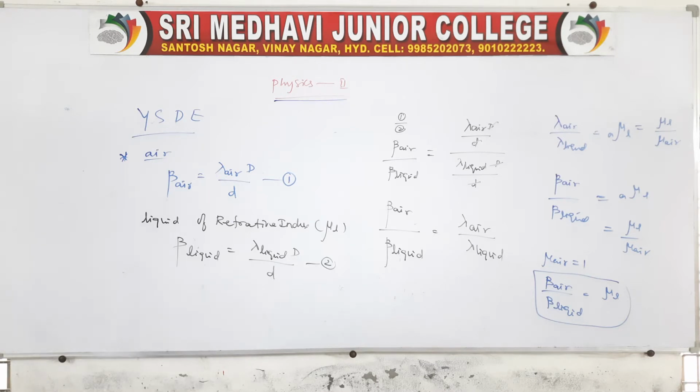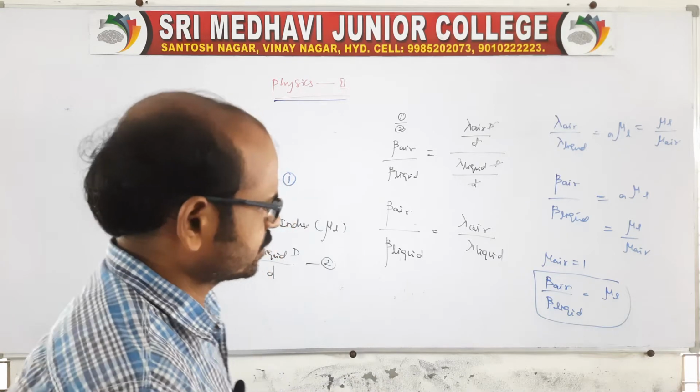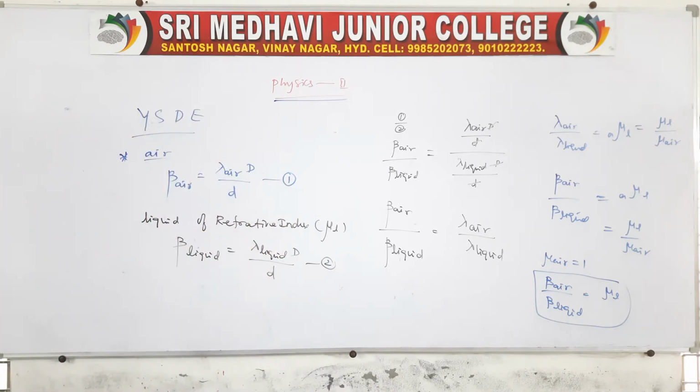Or in terms of other names, suppose beta liquid you take as beta dash, and beta air you take as beta. Of course, it is your wish. So instead of that, you can directly write beta air by beta liquid like this. Clear?